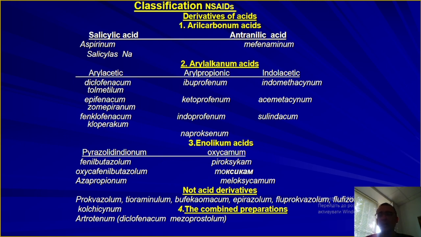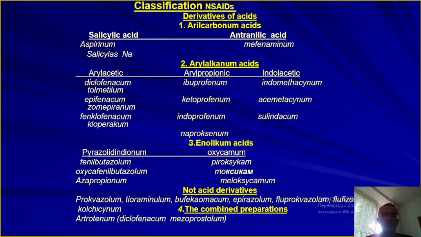For example, such a very popular drug as diclofenac natrium has several pharmacological names, for example diclobrew, dicloberyl, diclo, and so on and so on, but still the group is the same and the remedy is the same. It is the same diclofenac natrium. So if you do not receive a result from prescription of diclofen, you will not receive a good result after prescription of dicloberyl, because you are changing nothing.